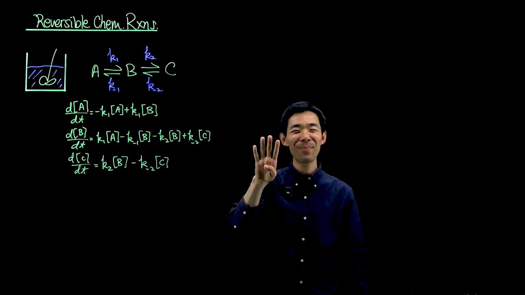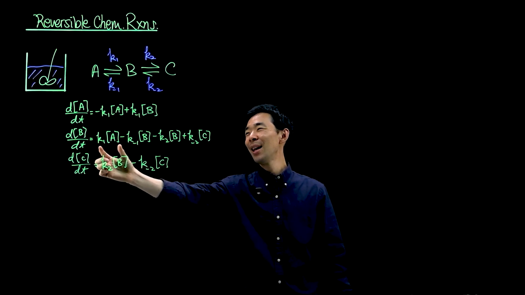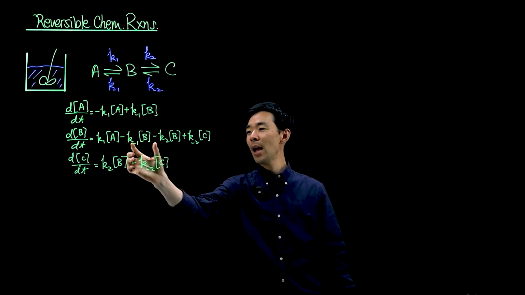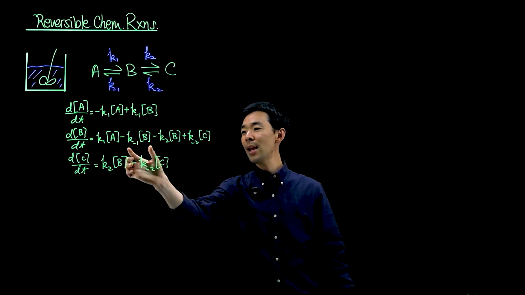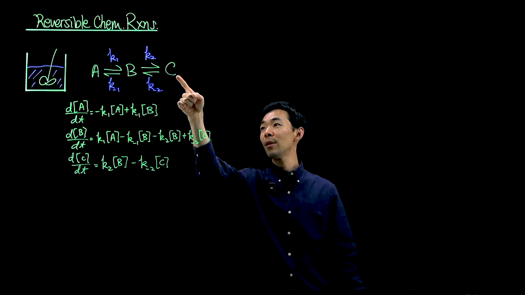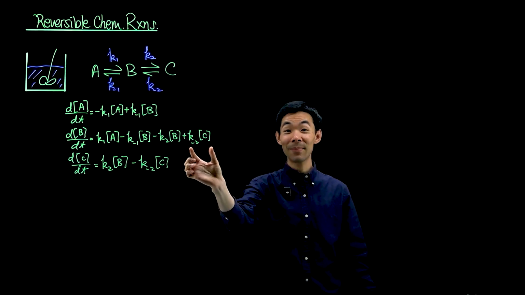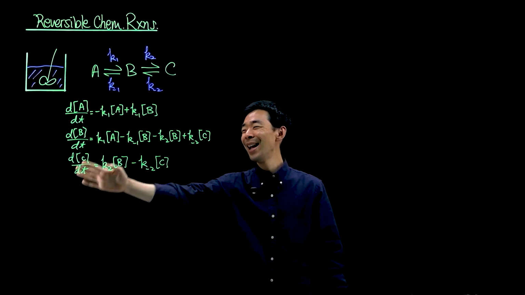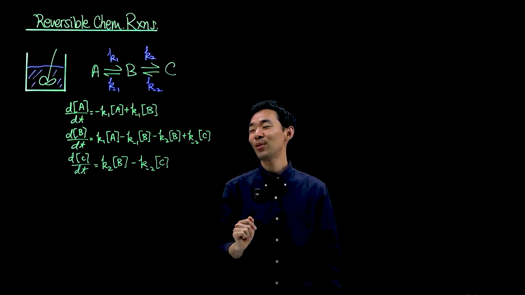We're going to have 4 components on the right-hand side. How much A is turning to B, how much of B is turning back to A, how much of B is being lost to C, and how much of C is being produced to B. Sounds like a Dr. Seuss riddle puzzle. And component C just has these 2 terms.